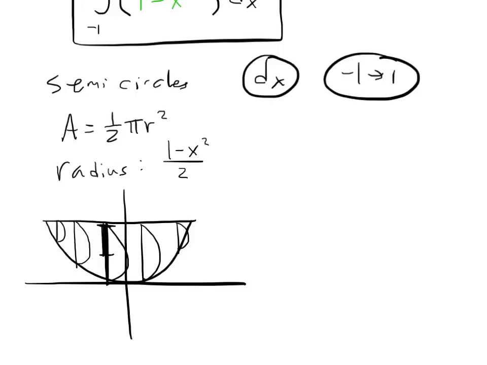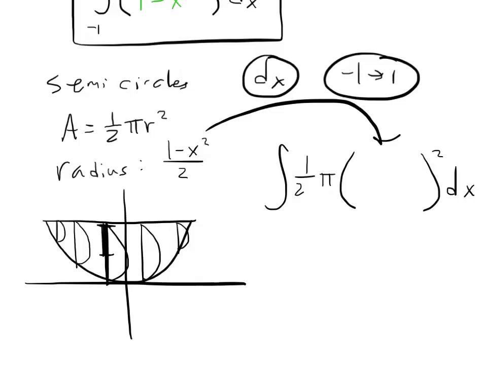So when you finally get to step 4 and you're setting up this integral, we're going to have the integral of 1/2 pi r squared dx, where the radius is this. And my bounds go from -1 to 1.